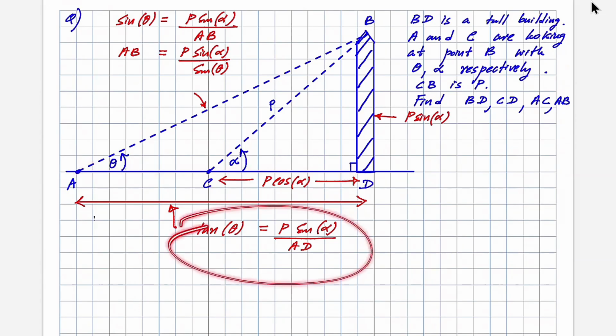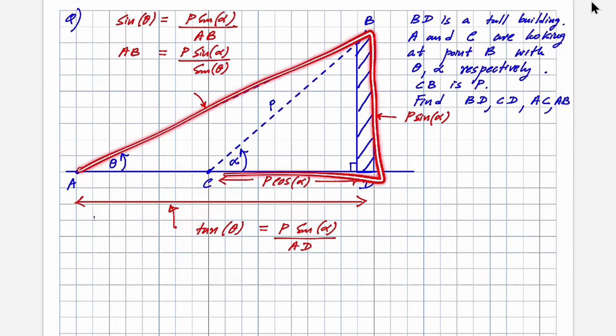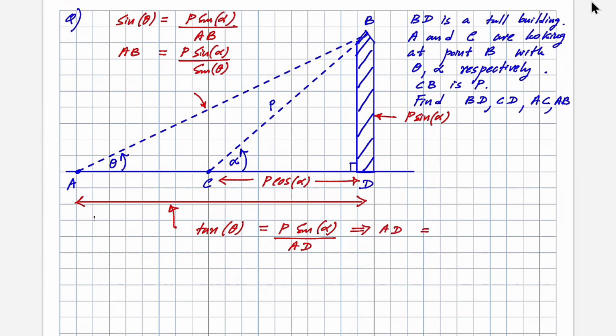So I'm using this for this right angle triangle: opposite divided by adjacent. Now from here, you subject AD. When you subject AD, that would be P sine alpha divided by tan theta. What I did was I cross multiplied here and then put this term over here.